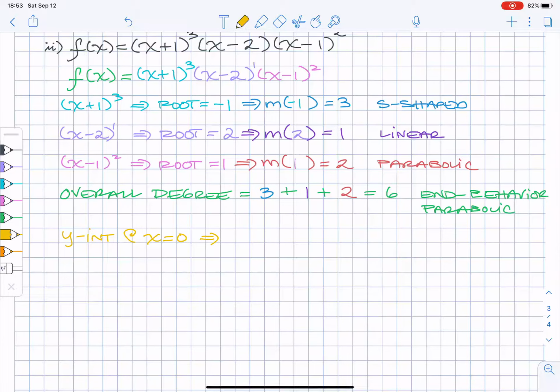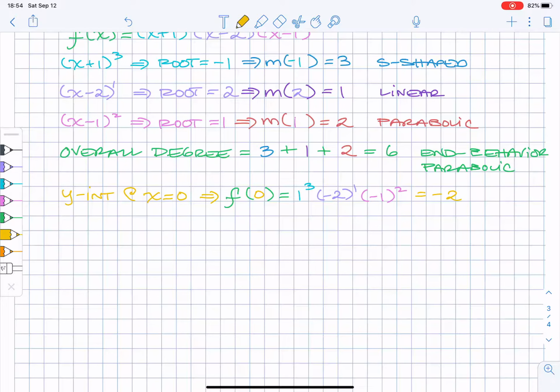We're going to get that f of 0 is going to be 1 cubed times negative 2 to the first times negative 1 squared, because all of the x's are 0. So what that gives us is 1 times negative 2. So my y-intercept is at negative 2.